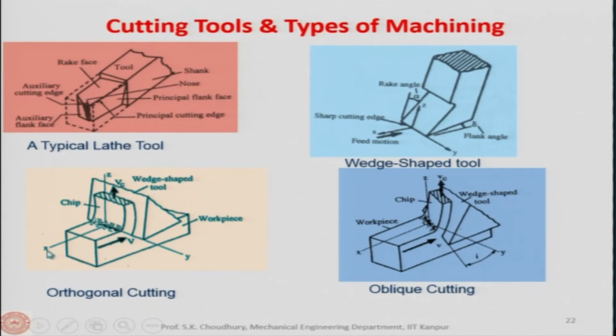So, since all the forces will be confined to one plane, the x z plane, therefore, this kind of process is called the two dimensional process, okay, because here the chips will be flowing in one dimension, that is in the x z plane, exactly along the z axis. This is perpendicular to the cutting velocity, cutting edge, all right.